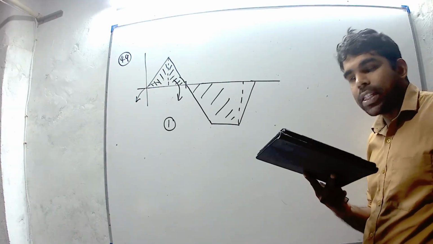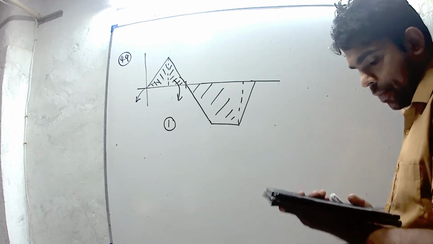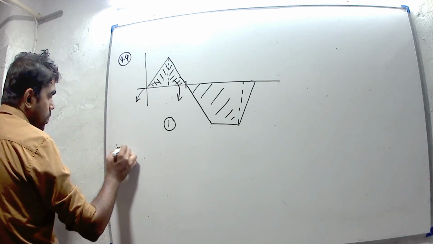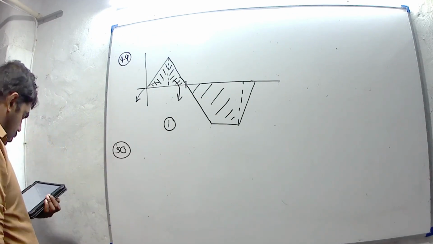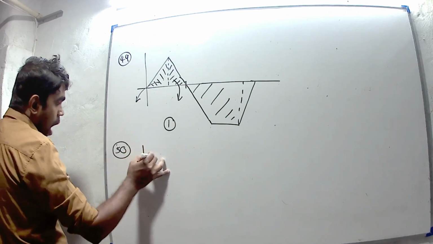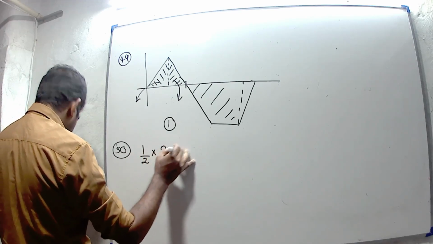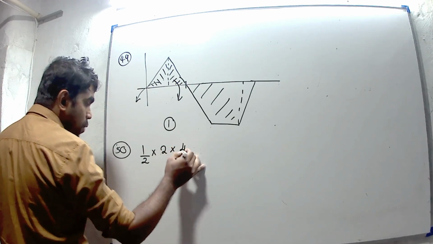Now, we have to consider the conservation of energy. There is a kinetic energy for object A. It is half mv squared. Half into mass 2 kilograms, velocity 2, then 2 squared 4.